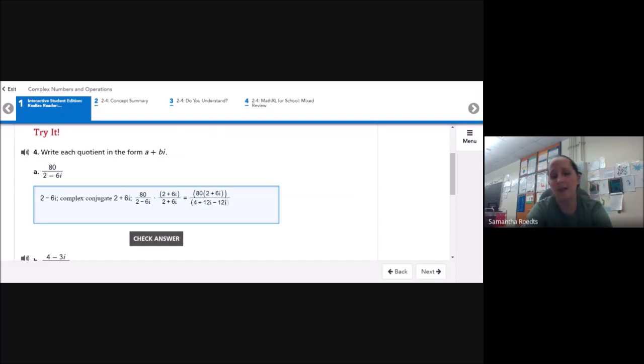And then negative 6i times 6i is a negative 36i squared, which simplifies. So then I have 4. The 12i minus 12i, they cancel each other out, and I get positive 36.